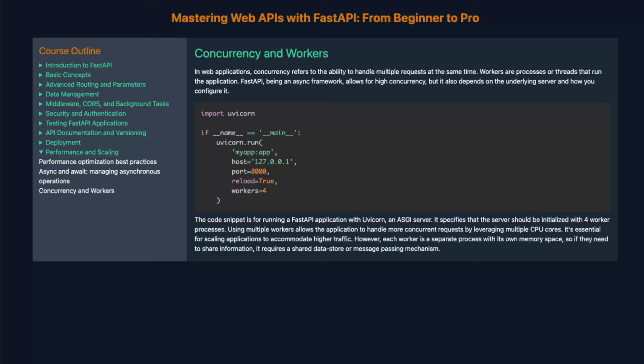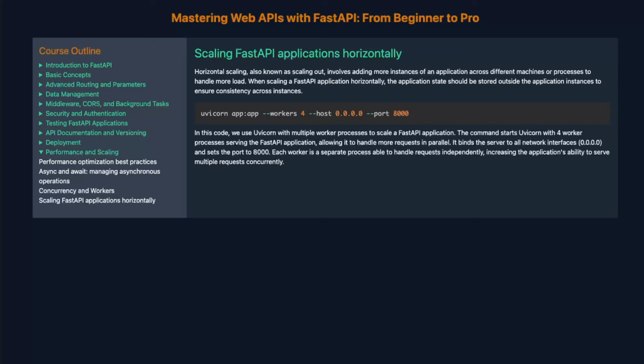Scaling FastAPI applications horizontally. Horizontal scaling, also known as scaling out, involves adding more instances of an application across different machines or processes to handle more load. When scaling a FastAPI application horizontally, the application state should be stored outside the application instances to ensure consistency across instances. In this code, we use uvicorn with multiple worker processes to scale a FastAPI application.